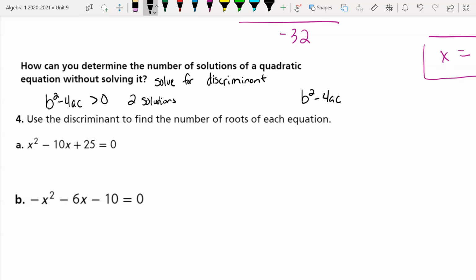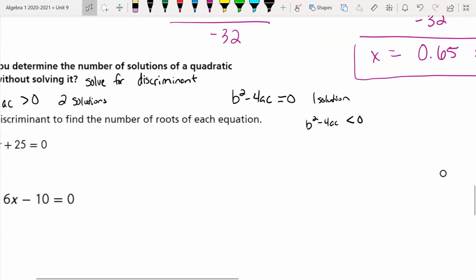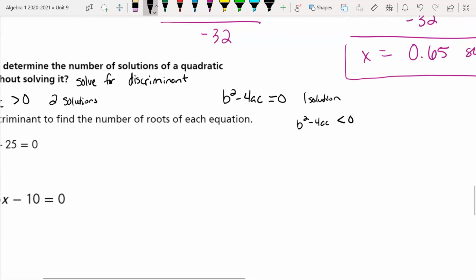If the b squared minus 4ac is equal to 0, you're going to have 1 solution. And if it's b squared minus 4ac less than 0, you're going to have 2 imaginary solutions. Should say real, should say real.